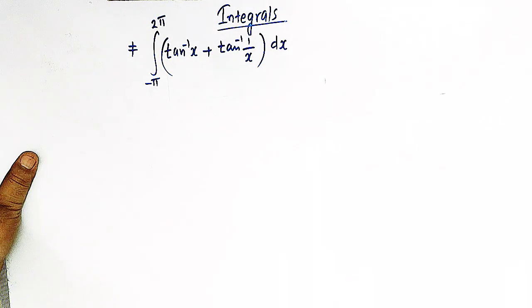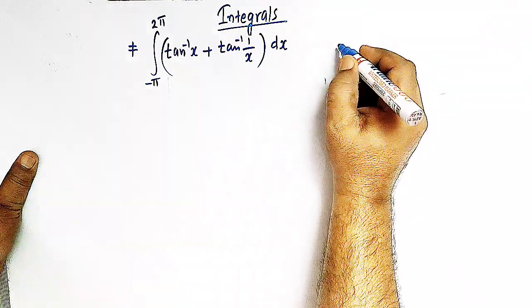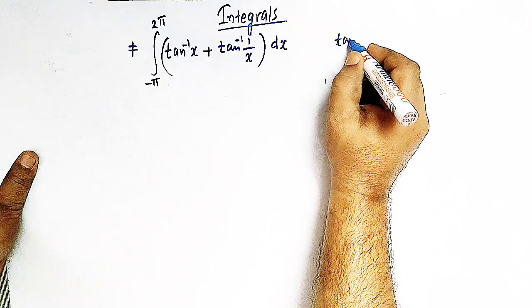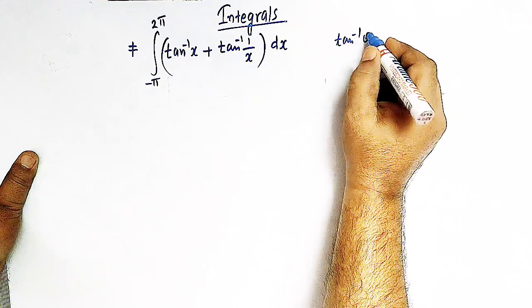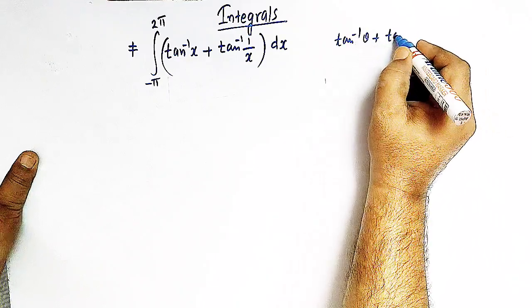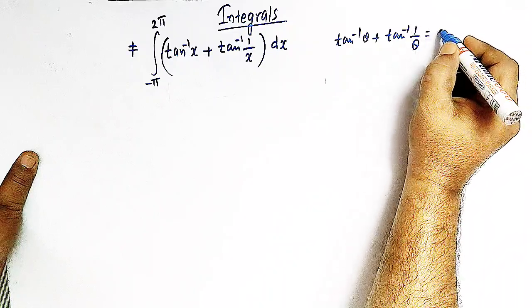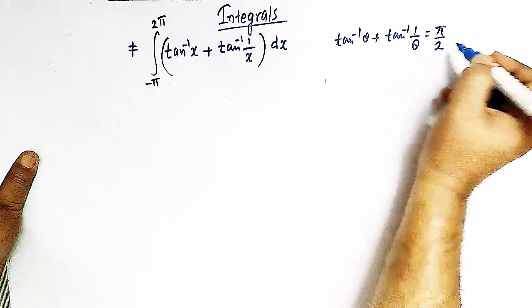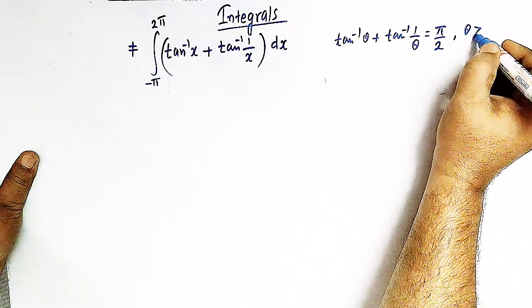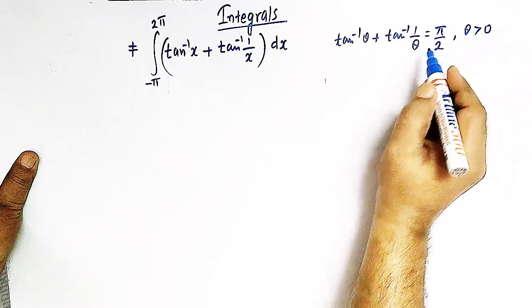So let us first see the property of inverse trigonometric functions. Right now, see, we know that the value of tan inverse theta plus tan inverse 1 over theta is equal to pi over 2 when theta is greater than 0, right?